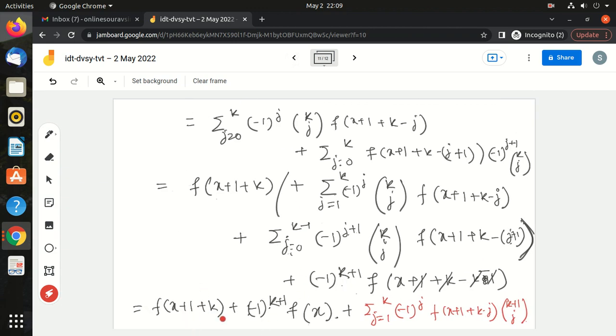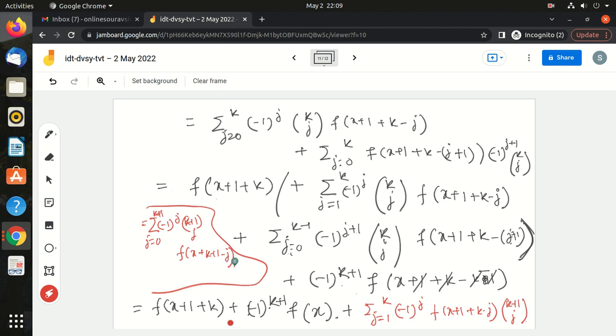Now if you club all these things together, what do you get here? So let me write it here. This sum is actually, just convince yourself, I'll help you here: k plus 1 choose j, f of x plus k plus 1 minus j.